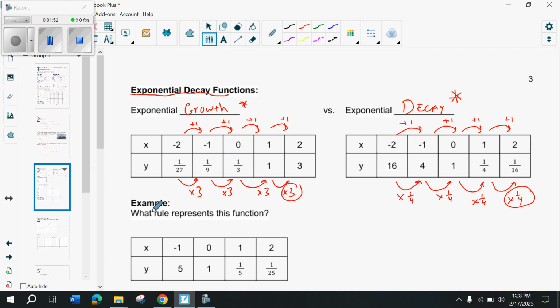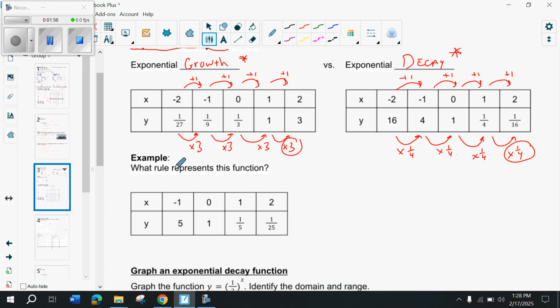So, what rule represents this function here? If we remember that my rules generally follow y equals a times b to the x, I just need to figure out what a is and what b is. Remember, a is always where x equals 0, so I know this one is initially going to be y equals 1 times something.